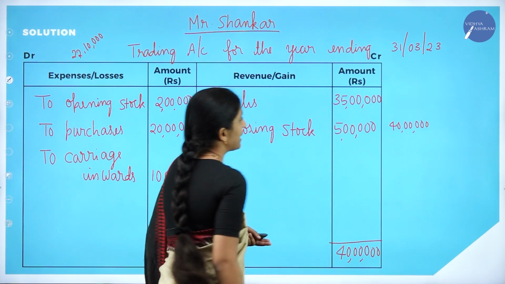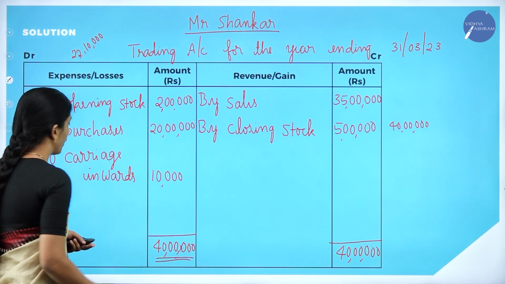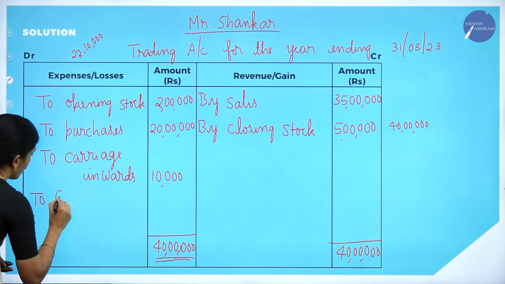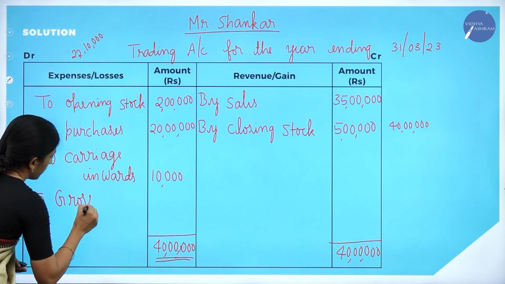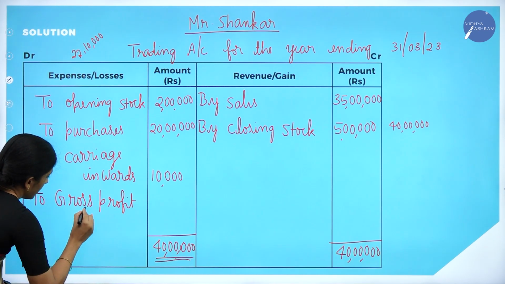That is 35 plus 5 lakh, 40 lakh minus 22 lakh 10,000. So this balancing figure, what you got, that is to gross profit carried down.